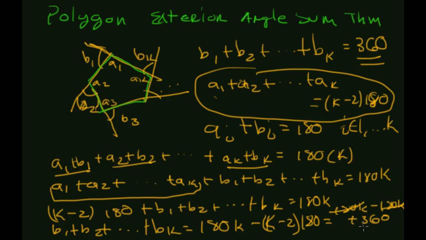These fall out. Tells me that B1 plus B2 to BK is equal to this, and this is equal to 360. So there's my proof. All right, so a lot of work there, but that's how we get this, that the sum of the exterior angles of a polygon always adds up to 360.